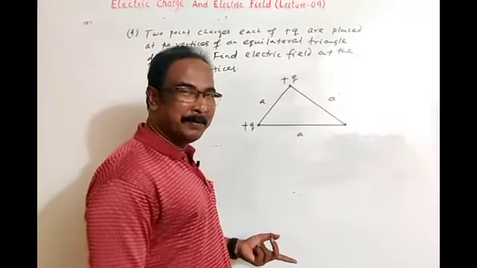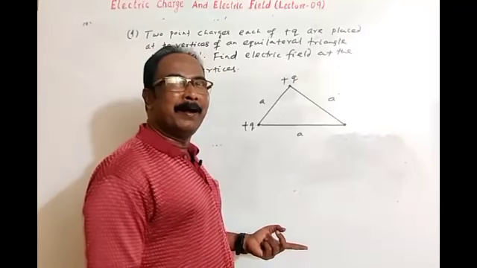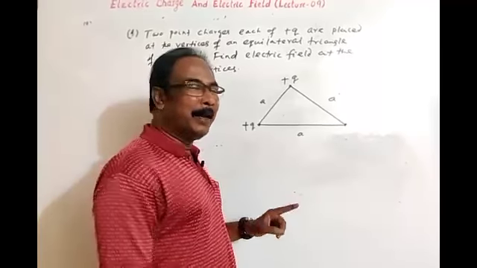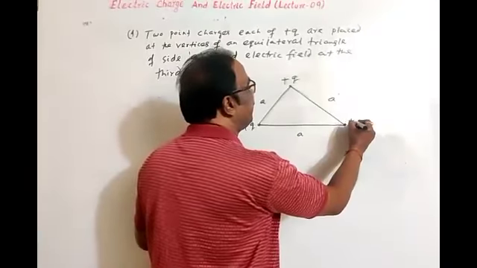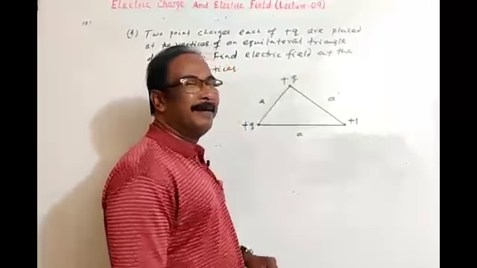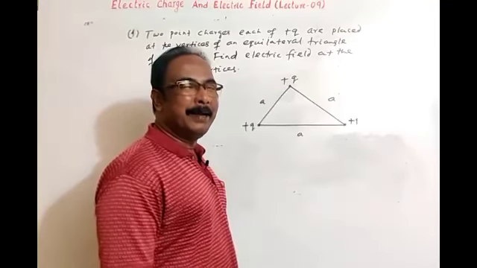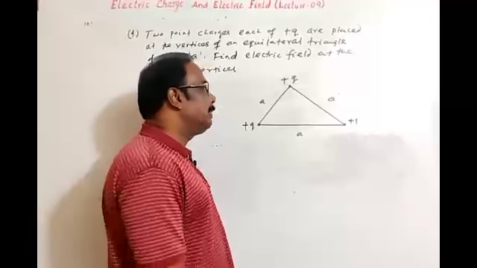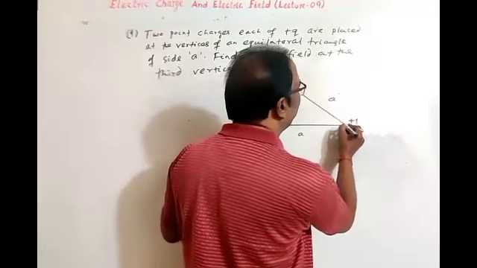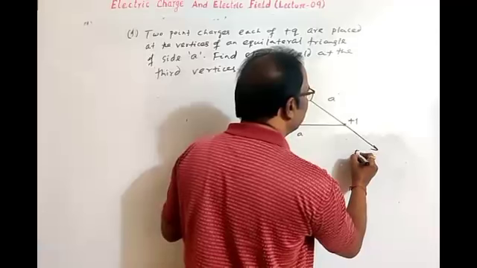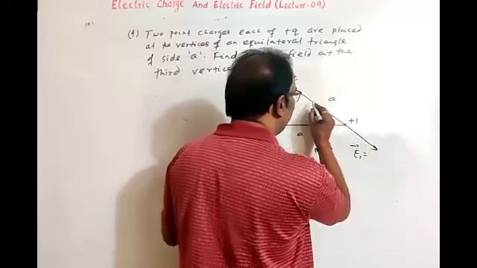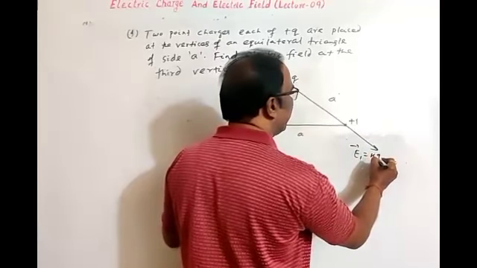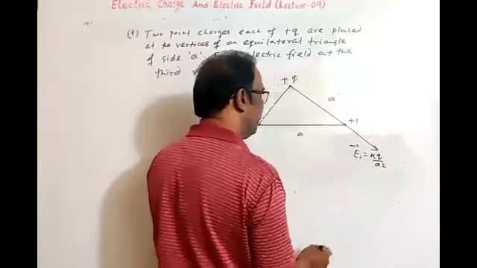Again, as per principle, where we have to find electric field intensity, we place a unit positive charge at that point. Then the magnitude and direction of field intensity is the same as that of the force experienced by the unit positive charge. This plus q will repel it. Let the intensity be E1, and the magnitude of E1 is kq divided by the square of the distance.